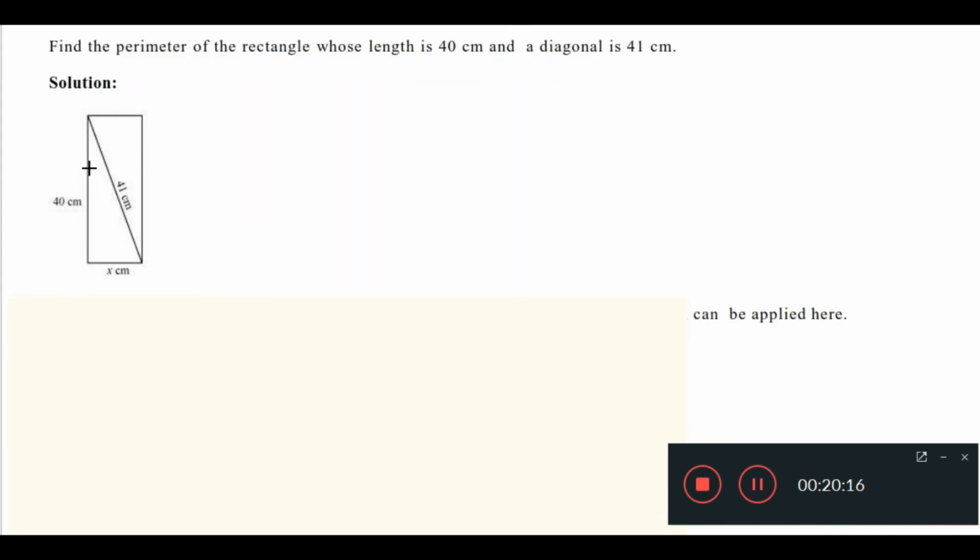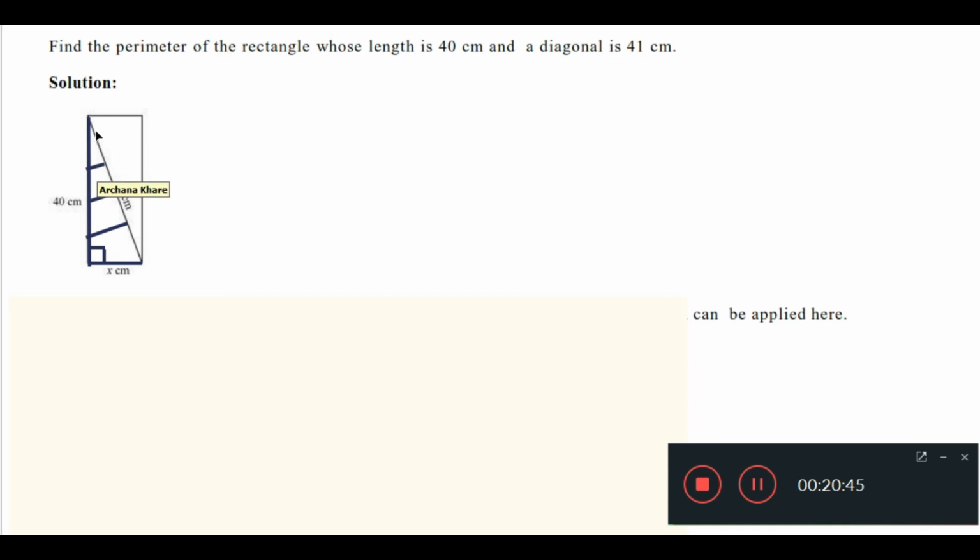Why is it a right angle triangle? Because we know that the angles formed in the interior of a rectangle are always right angles. Okay, so basically this angle is a right angle. So as we can see, here we get a right angle triangle in this figure.